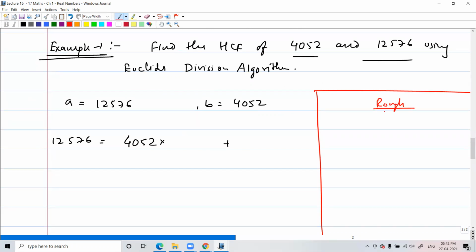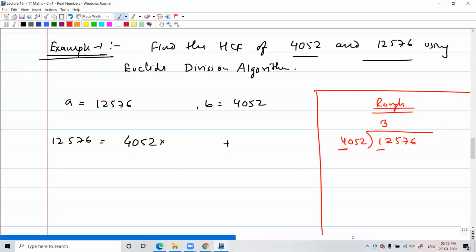Sir, quotient is 3 and remainder is 420. Tell me what is the quotient? 3, sir.